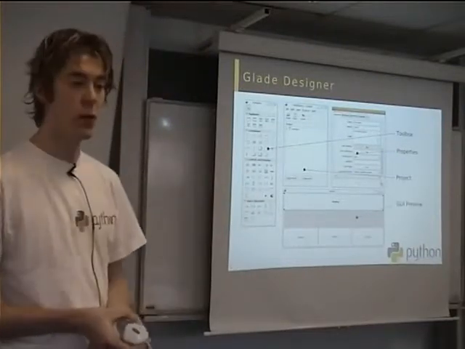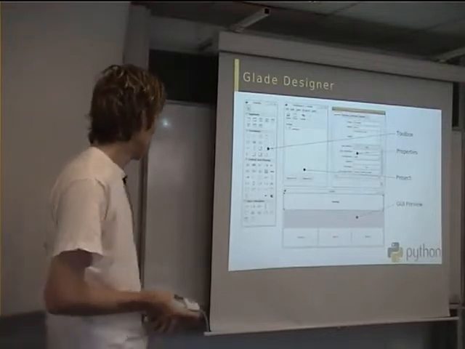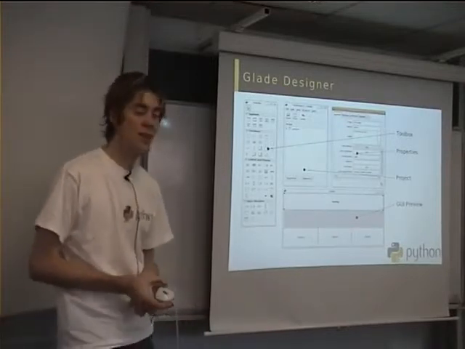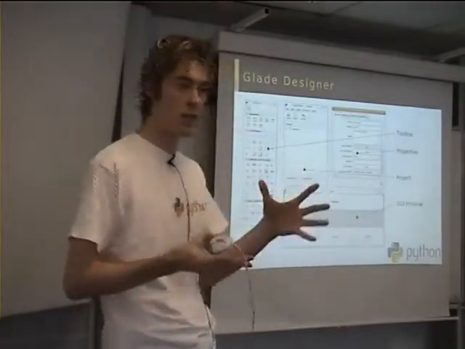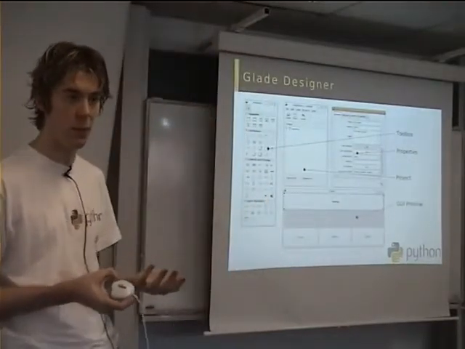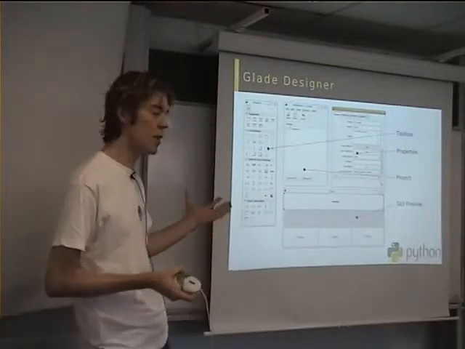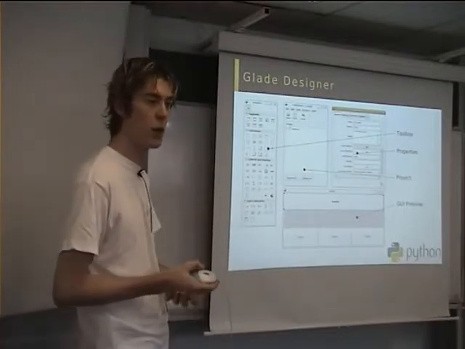And finally, a preview of your GUI, which I must add in most cases is not a very accurate representation of things like sizes. Those will all have to be set separately, but it does give you a good layout of where things are going to be placed.